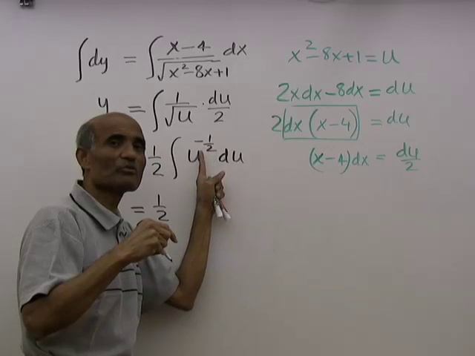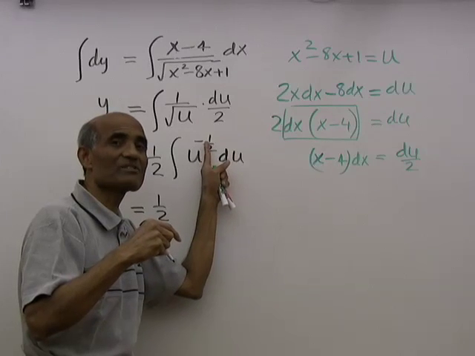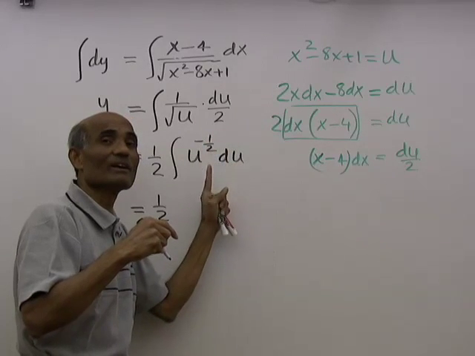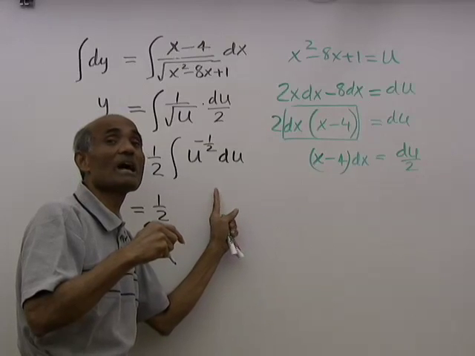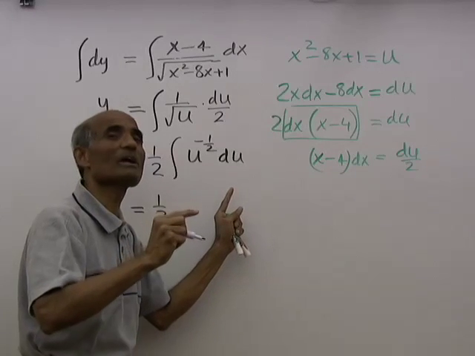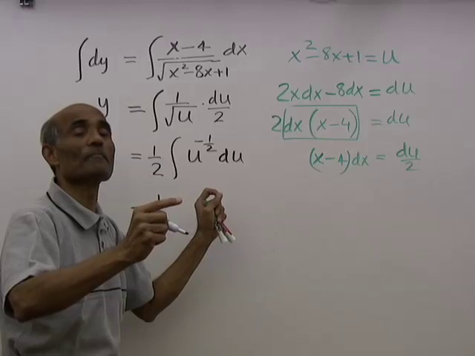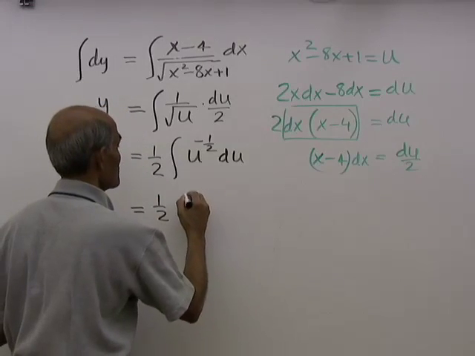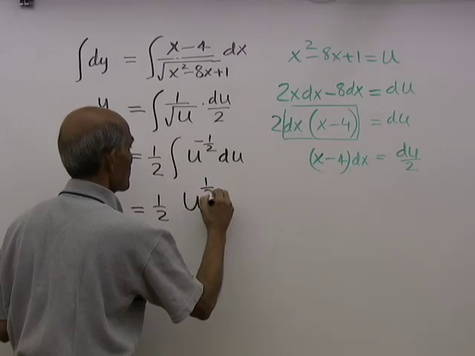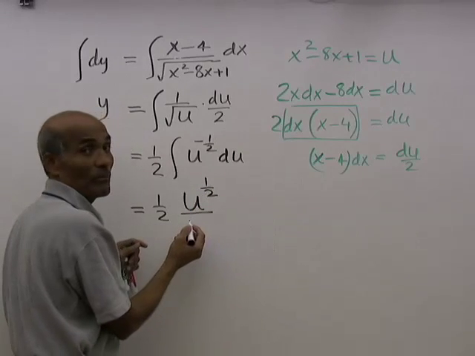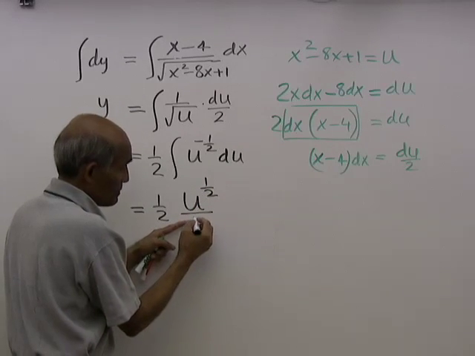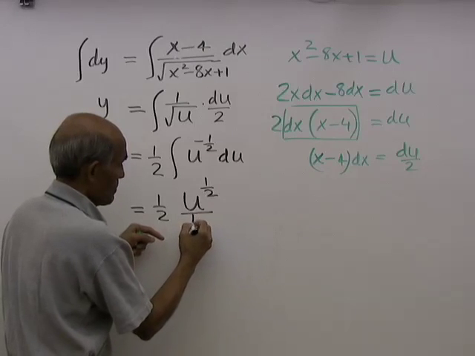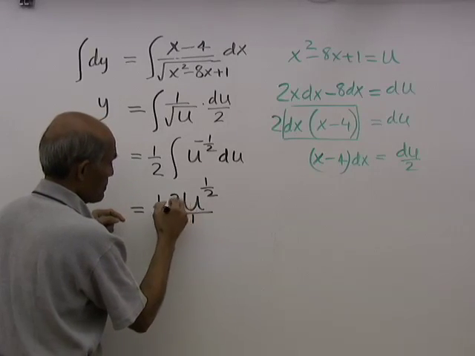The integral of this will be u to the power of negative 1/2 plus 1 divided by negative 1/2 plus 1. What is negative 1/2 plus 1? Negative 1/2 plus 1 is 1/2. So this will be u to the power of 1/2 divided by 1/2. That'll be 1 divided by 2, and the 1 and the 2 will go up.